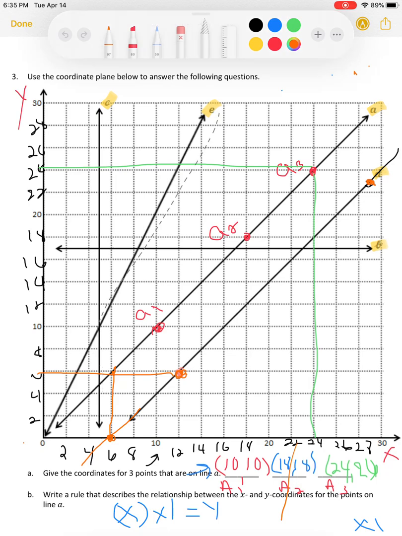Some people may say E, but that's not true, okay? Because E doesn't have a coordinate for this.